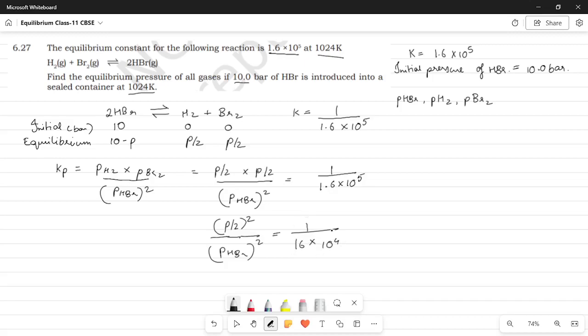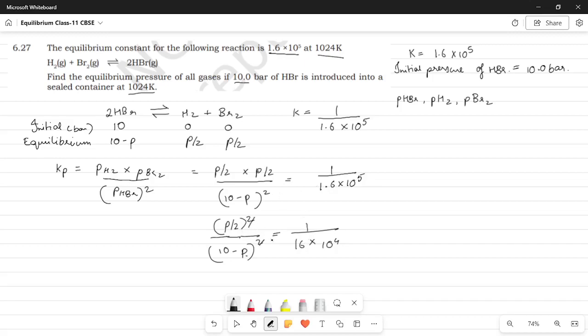Actually, we should have just written it this way. I'm sorry, I don't know why I did not substitute that. It's 10 minus p, and 10 minus p. So we can avoid the square symbol, and then you don't have to sit and solve for a quadratic equation. So what we're going to do is take a square root on both sides of the equation.